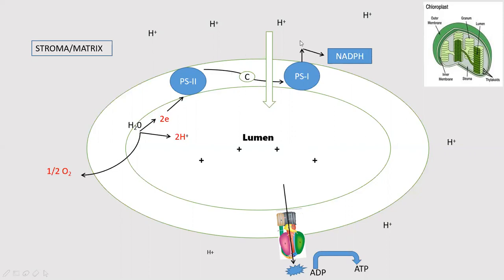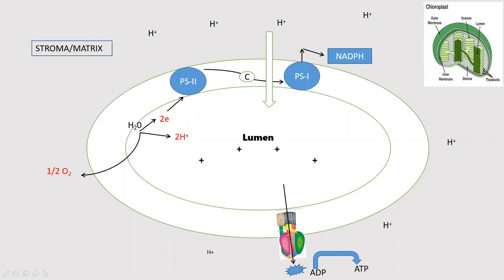Energy is used to pump the protons across the membrane to create a gradient, or high concentration of protons, within the thylakoid lumen. ATP synthase has a channel that allows the diffusion of protons back across the membrane.